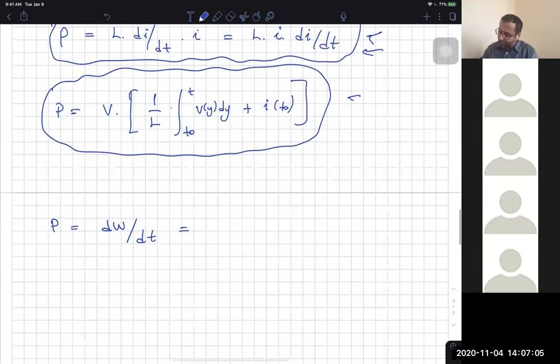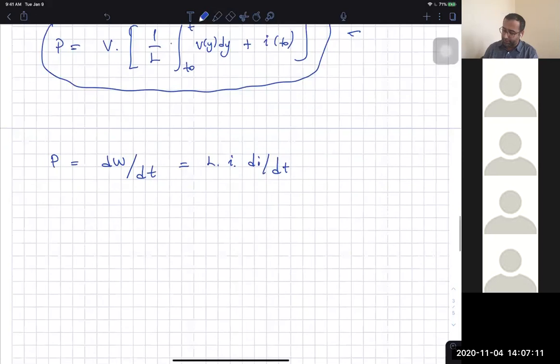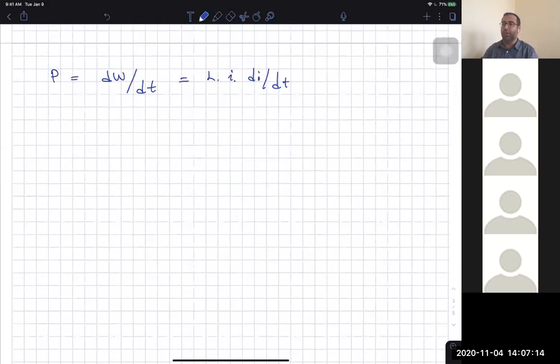I will say this will be equal to L times i times di over dt, so that I now have some common components between this and the power calculation. If you focus on this part, both are divided by dt. I can simply cancel those over dt terms.